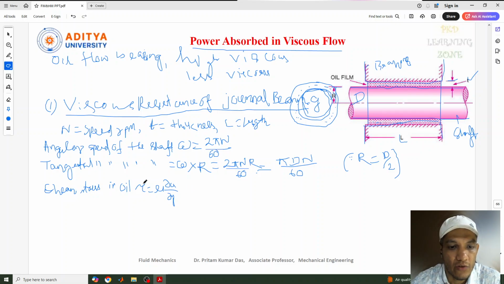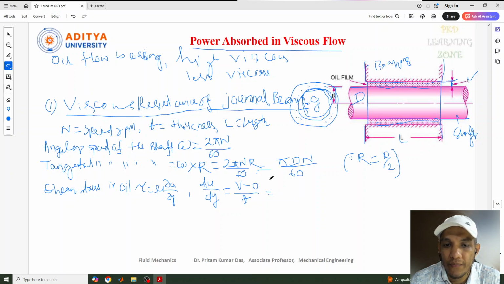Here du by dy is the change in velocity with respect to the thickness or distance. The distance is already t, and only one velocity is there, the initial velocity, with no final velocity, so that is 0, and the thickness is t.